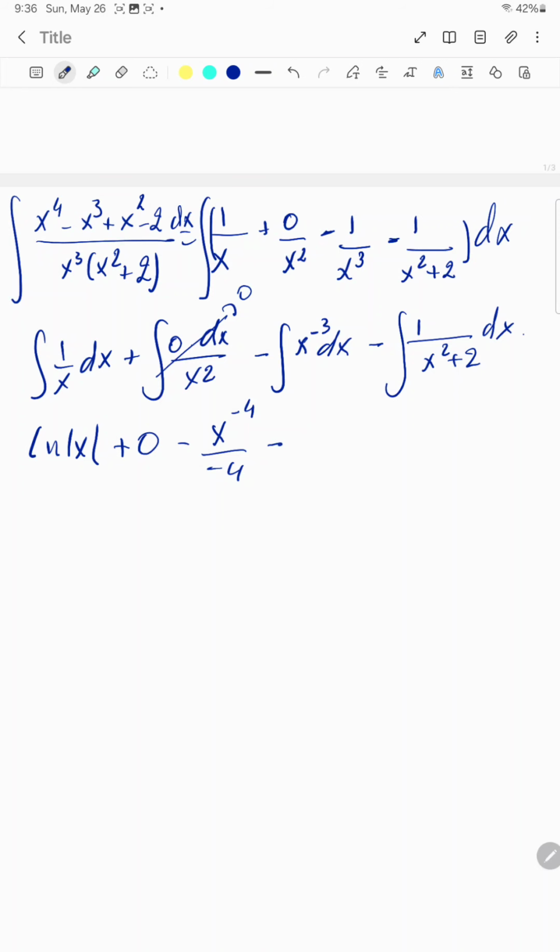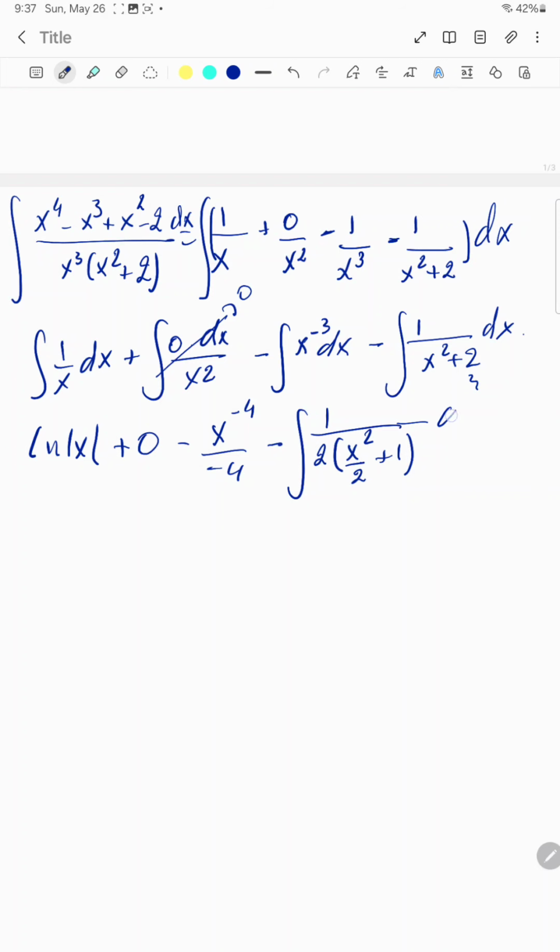I know that there is a formula: the integral of 1 divided by (x² plus 1) is equal to arctan of x. But here, the 2 is bothering me. Let's factor it out. So minus 1 divided by, if I factor out the 2, I will have (x² divided by 2 plus 1). But my formula is x to the power of 2, not x to the power of 2 divided by 2.